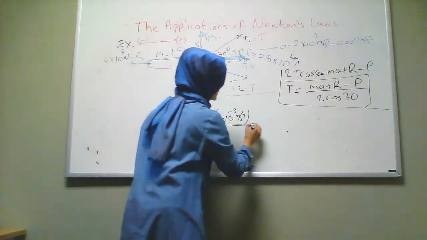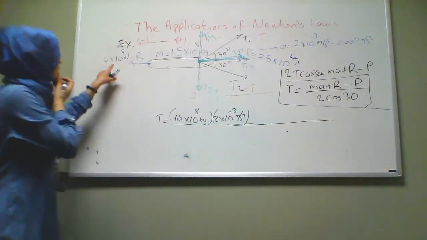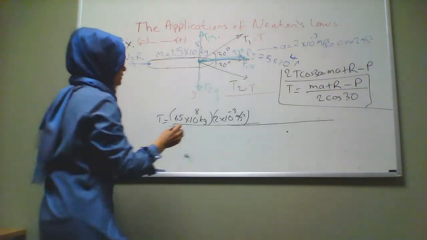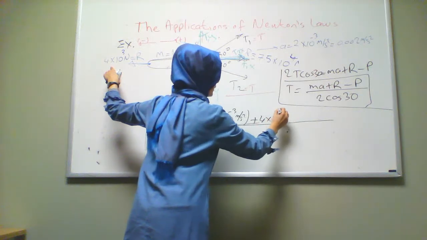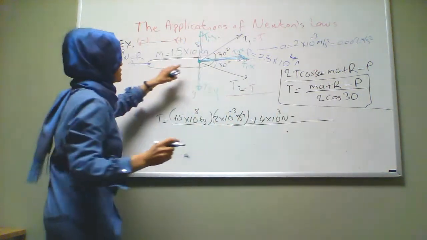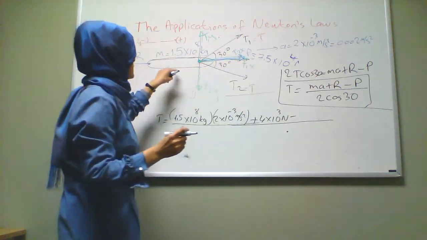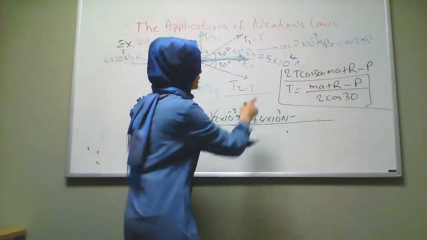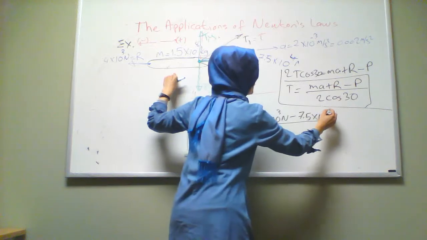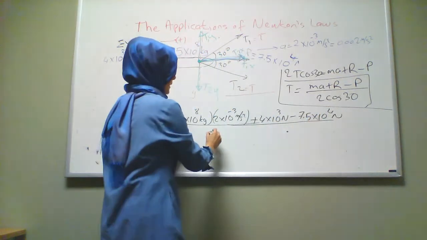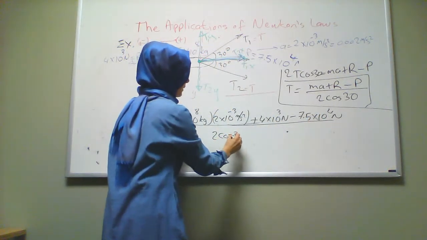I'll put in parentheses so it will be clear. R is equal to 4 times 10 to 3 Newton. So plus R, 4 times 10 to 3 Newton, minus P, the push force that the supertanker has from its motor, 7.5 times 10 to 4 Newton, divided by 2 cosine 30.